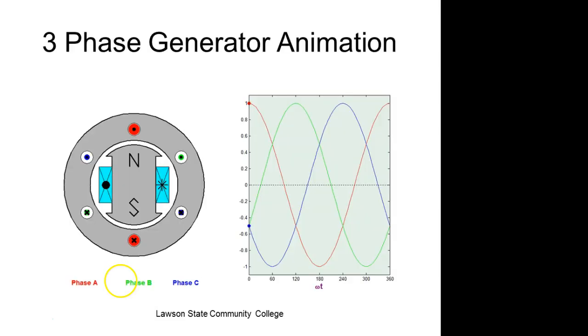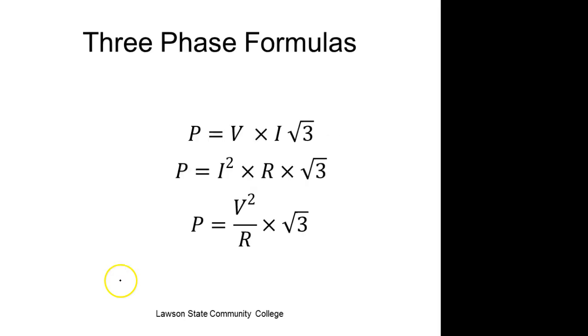These are the formulas for 3-phase power: V times I, so we measure the voltage on any phase and the current on any phase, and then multiply that times the square root of 3, or about 1.73. That means we can transmit 73% more power by adding 1 wire. And that's why 3-phase power is so good. 73% more power just by adding 1 wire.